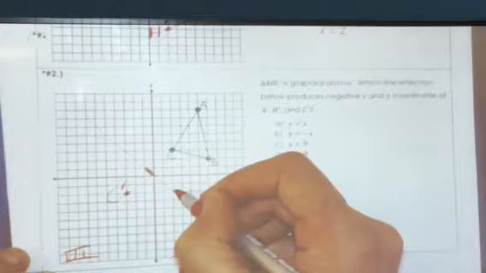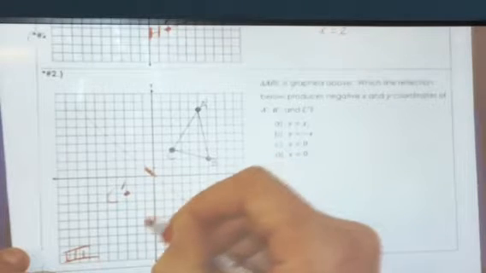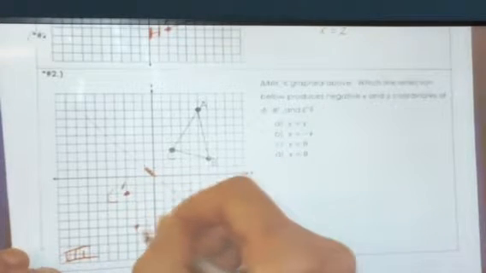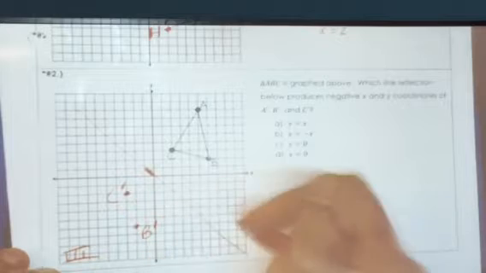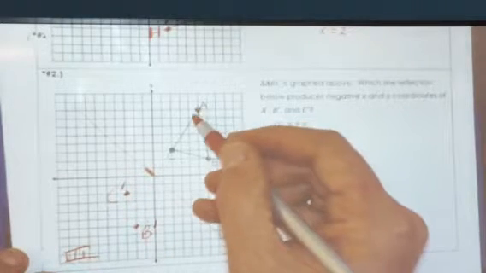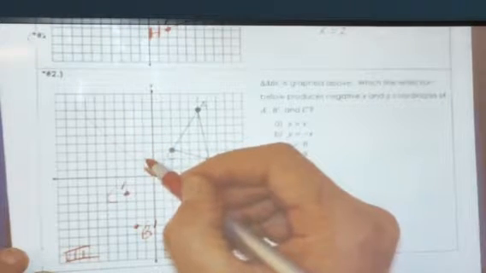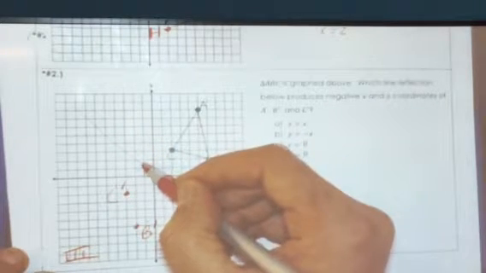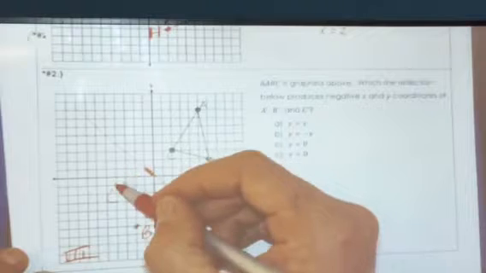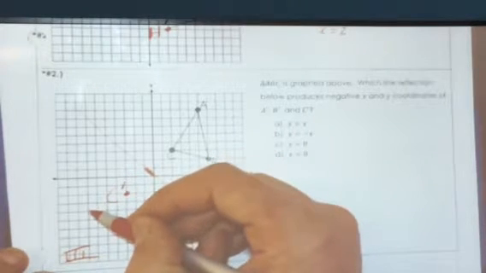So again, diagonal 1, 2, 3, 4. Then finally A. Diagonal 1, 2, 3, 4, 5, 6, and a half. We'll go half, 1, 2, 3, 4, 5, 6.